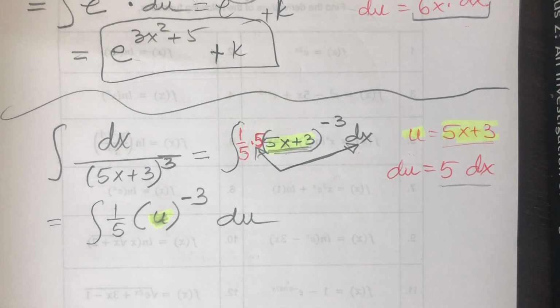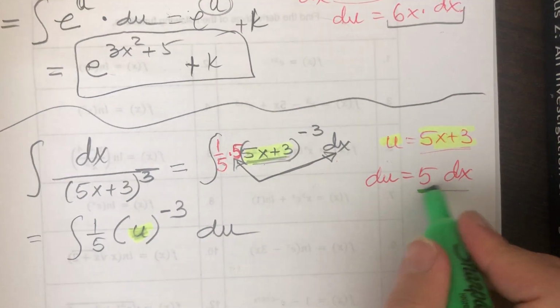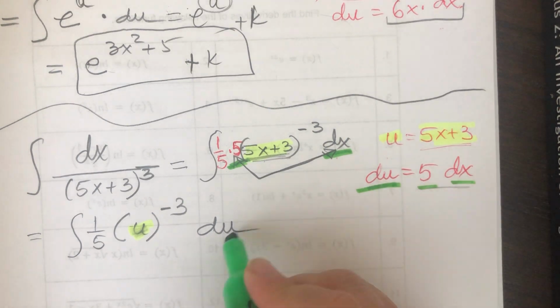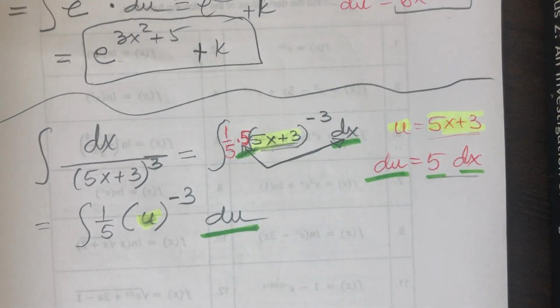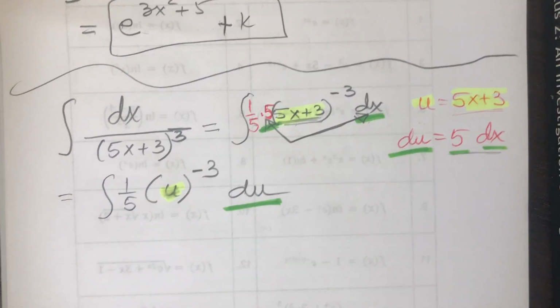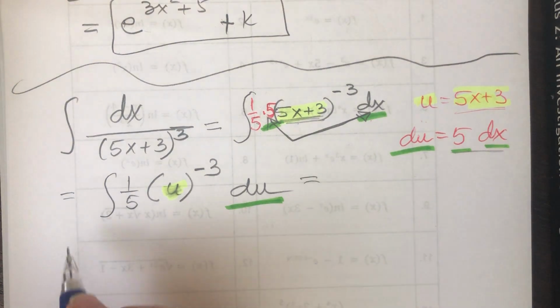I substituted the 5 dx with a du. Yes, so the 5 dx was a du. And then the only thing that wasn't accounted for was the 1/5. But it's not a big deal because that's fine to have a coefficient. Can I take the antiderivative of this? Sure enough, yes, because I'll just keep the 1/5.